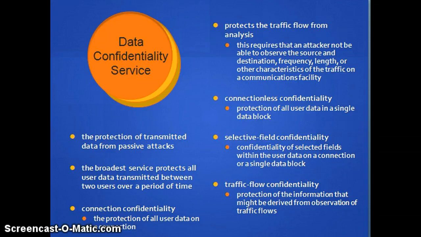But here, we would like to protect our data, the transmitted data, from passive attack. The broadcast service protects all user data transmitted between two users over a period of time. It means that for the information sent between the users, we would like to protect that data. Then we have what we call encryption and decryption. We will see that together.